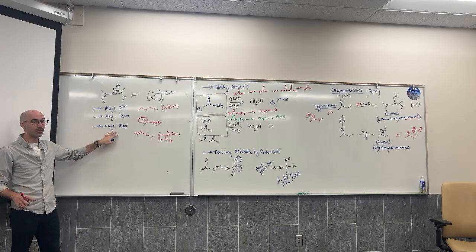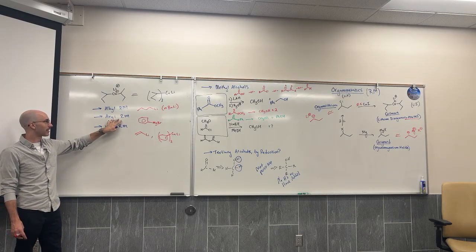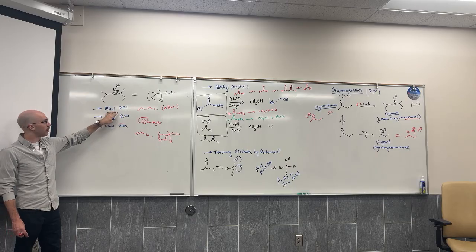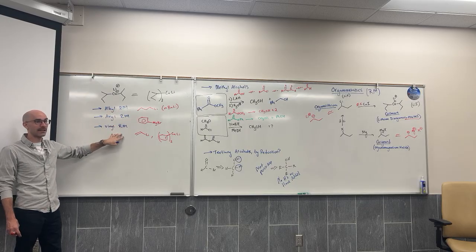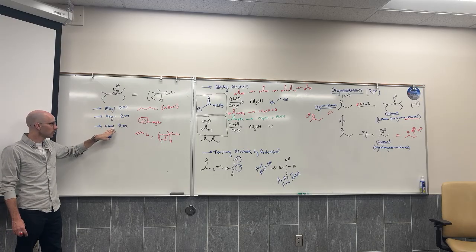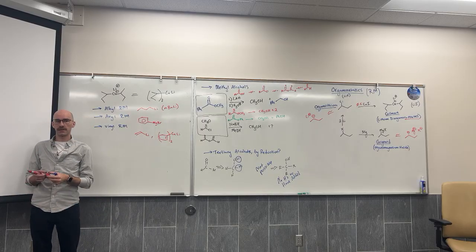I can't do EAS on a vinyl halide, and I can't do NAS on a vinyl halide, but I can do NAS on an aryl halide. I can do SN2 on an alkyl halide, but I can't do SN2 on these other halides. Typically, alkyl halides are differentiated by what they're bonded to, but in forming organometallics, it doesn't matter.